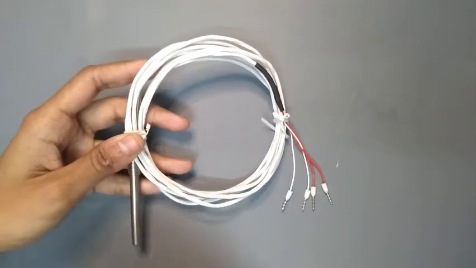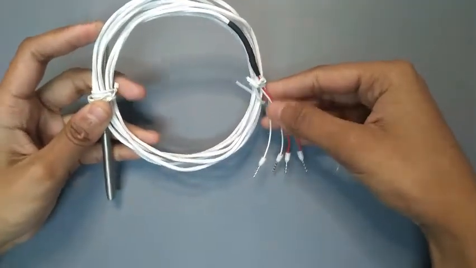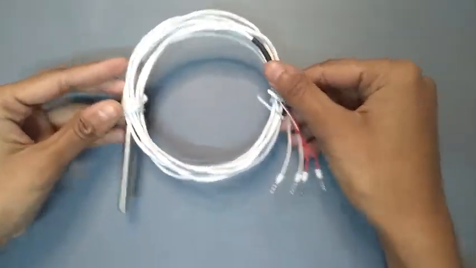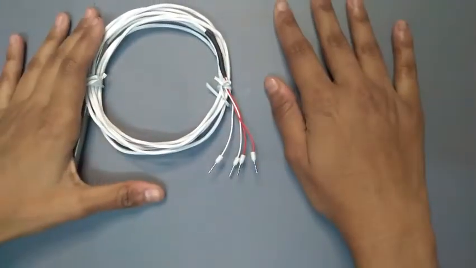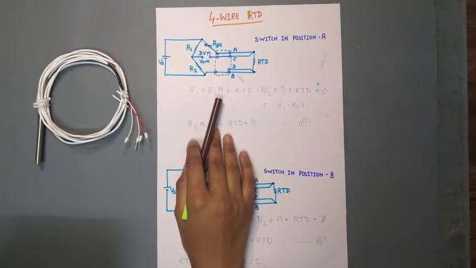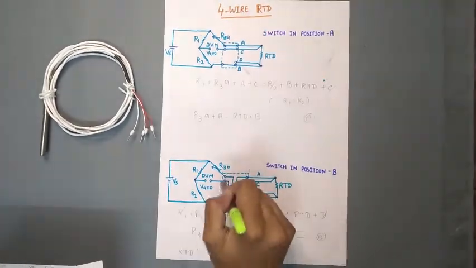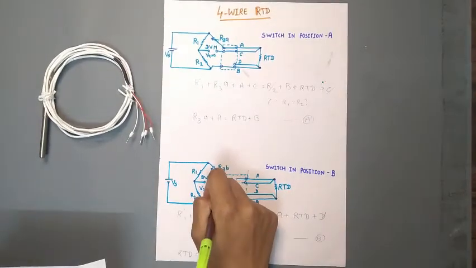So now we will talk about 4-wire RTDs. You can see here the 4-wire RTD sensor. Let's talk about this. Here you can see the 4-wire RTD which is used in 2 configurations. It uses a triple pole double throw switch.